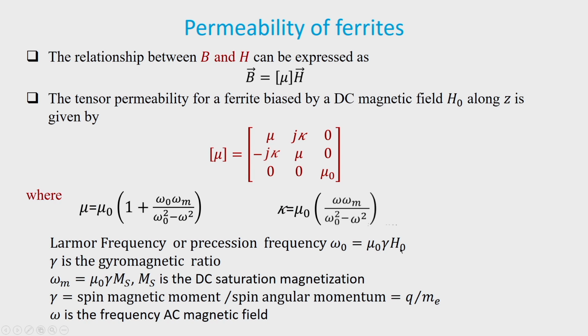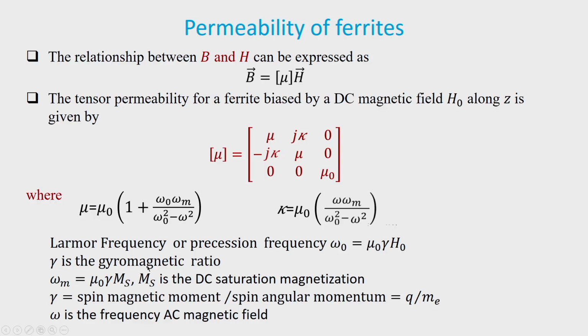H naught is the bias field that is applied, magnitude of the bias field, and gamma, it is the gyromagnetic ratio, and it is the ratio of the spin magnetic moment to the spin angular momentum. Now, an electron spin is associated, as we have told, with a magnetic moment, and it is also associated with an angular momentum which is given by h by 2.